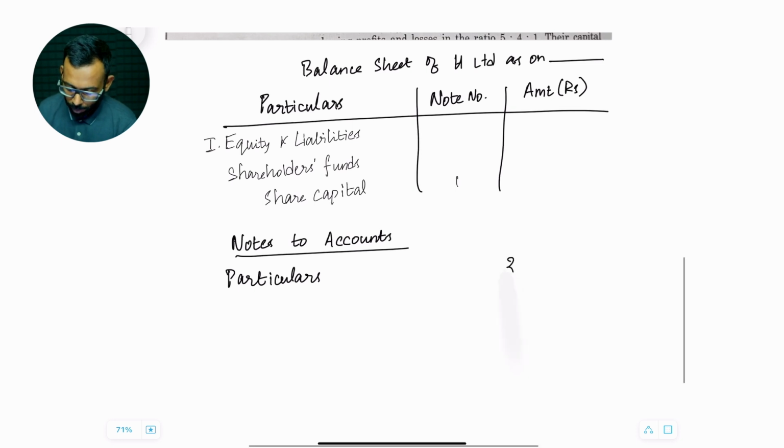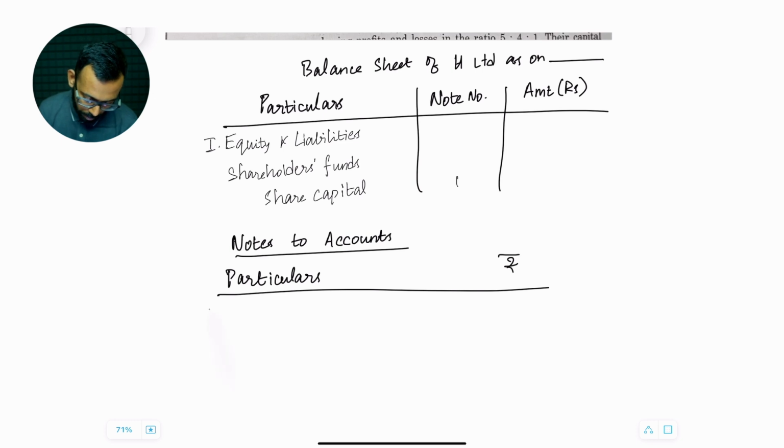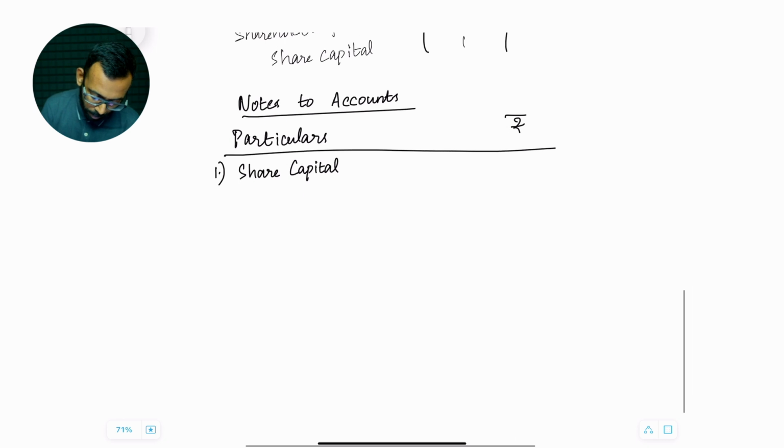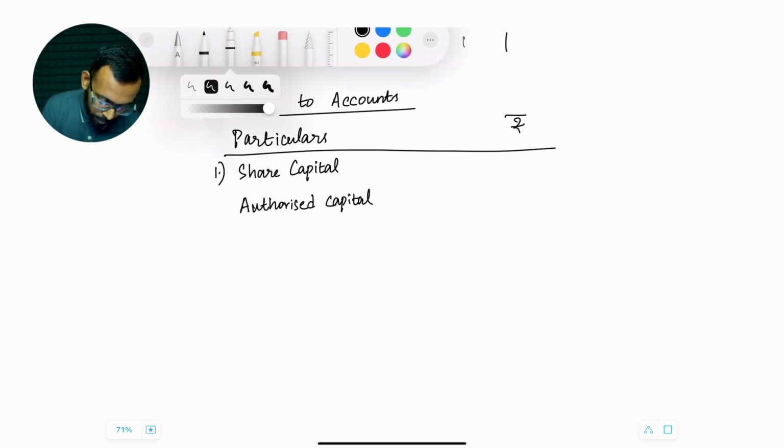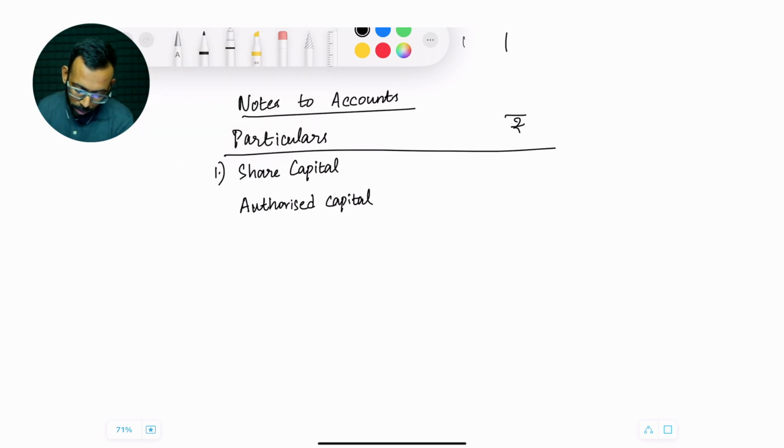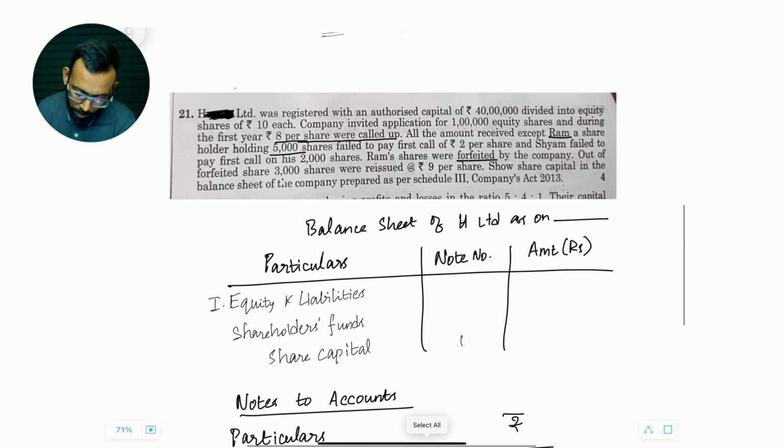Particulars, then rupees. Share capital. First thing is authorized capital. Okay, now let me go back to the question to find out how much will be the authorized capital.